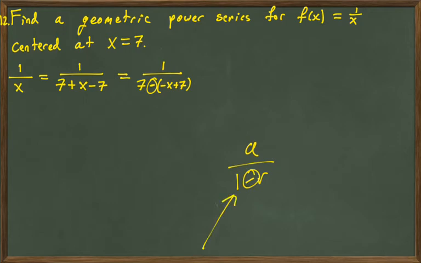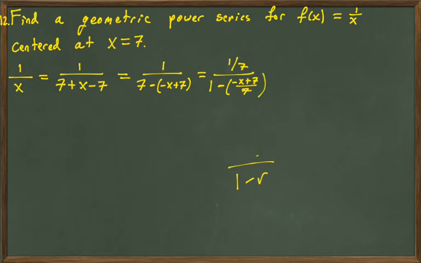We need a 1 right there. So how we're going to get a 1 right there is we're going to divide everybody by 7. Okay. So 1 divided by 7 is 1/7. 7 divided by 7 is 1. Minus, and then the negative x plus 7 divided by 7. Okay, so now this fits the form of a over 1 minus r.